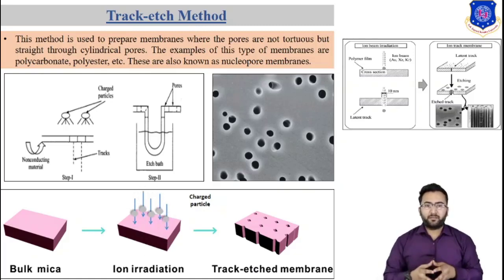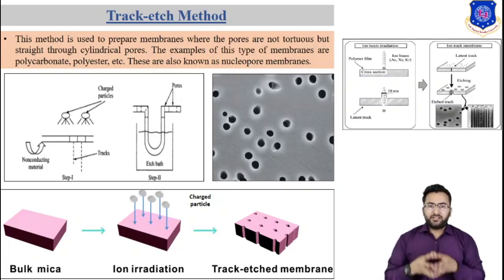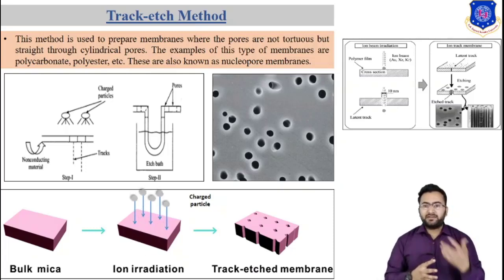In the first step of the track-etch process, polycarbonate or polyester films are bombarded with massive energetic nuclei, such as uranium-235 fission fragments in a nuclear reactor. As they pass through the material, they leave sensitized tracks, or we can say radiation damage, in the material.